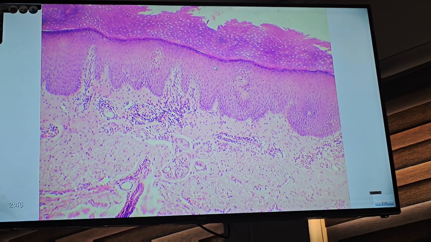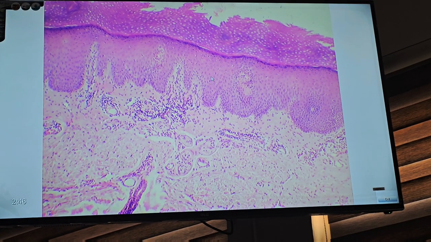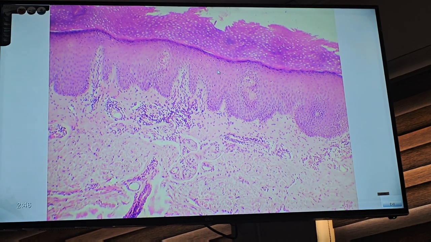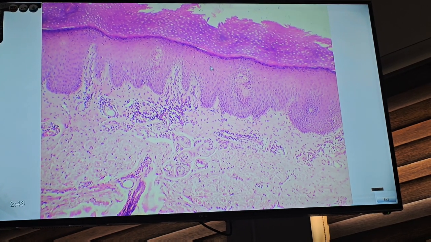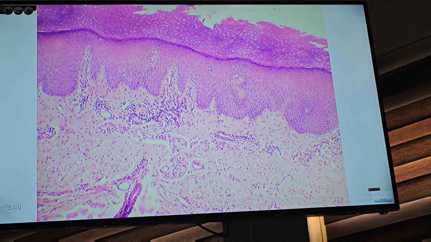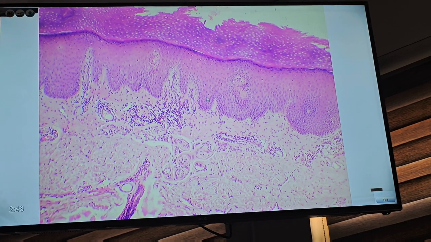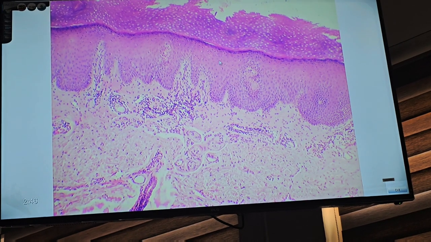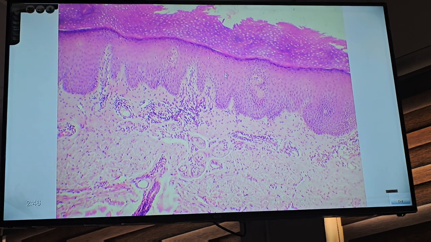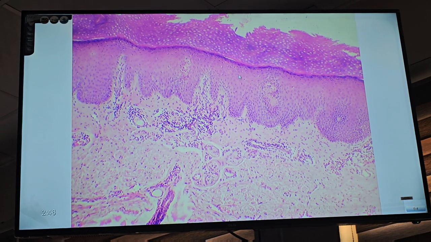The second layer is called the spinous layer or stratum spinosum. This layer is normally the thickest layer, especially in the epidermal ridge. The cells are held together by desmosomes.